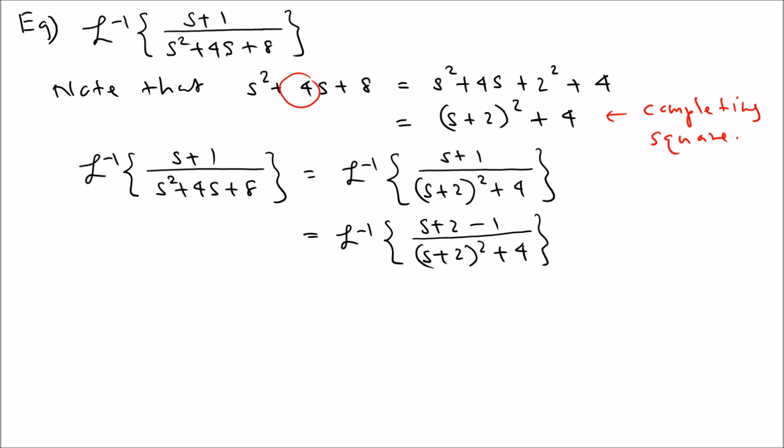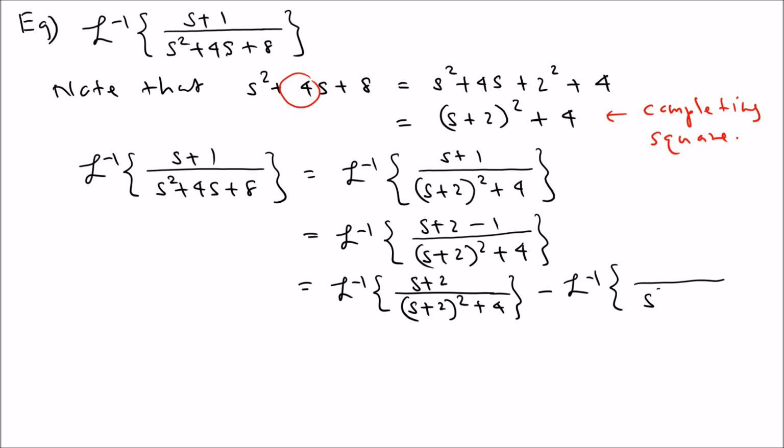Now we can split them into 2. So this is L inverse of s plus 2 over s plus 2 squared plus 2 squared, minus L inverse of 1 over s plus 2 squared plus 4.